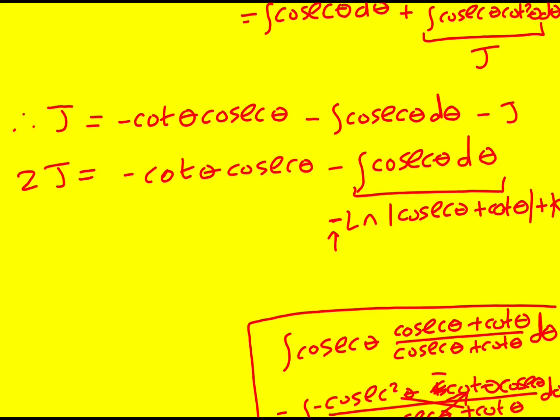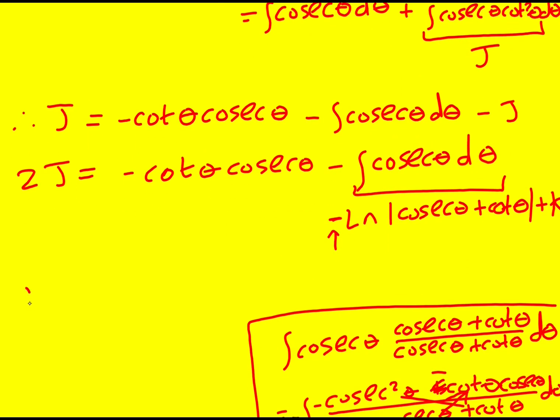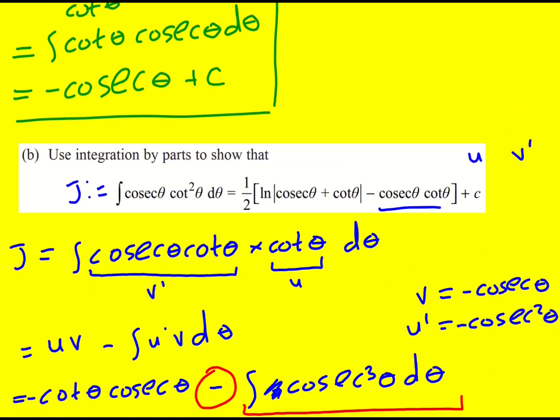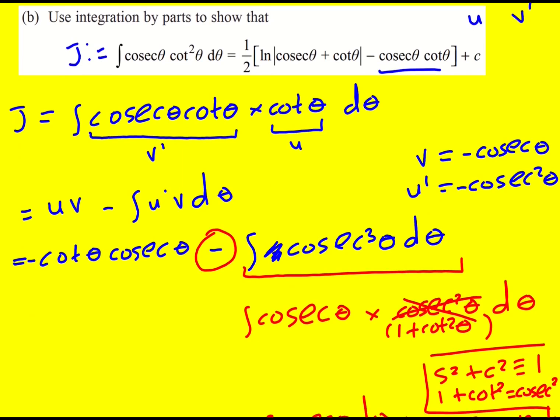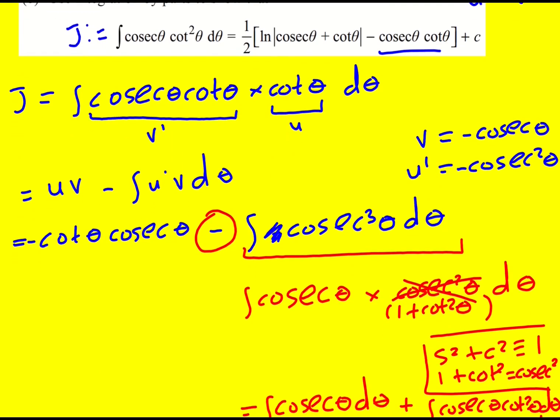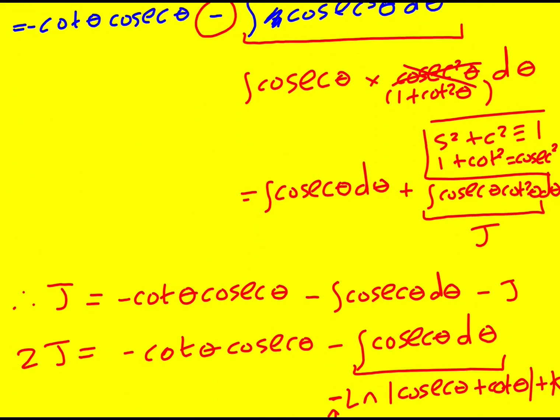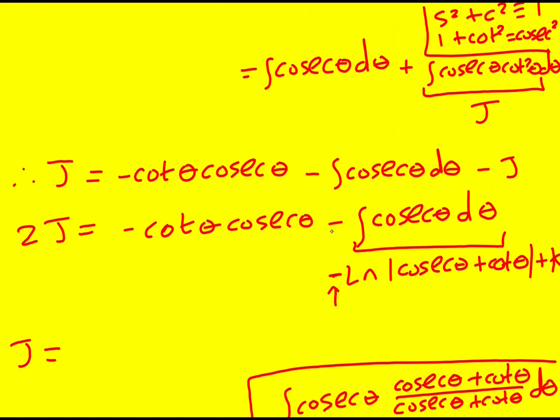So in our case, let's just check with the answers that I haven't made any mistakes. Yeah, now I've made it positive because I've got a negative of a negative. So J is going to be a half of ln cosec theta plus cot theta.